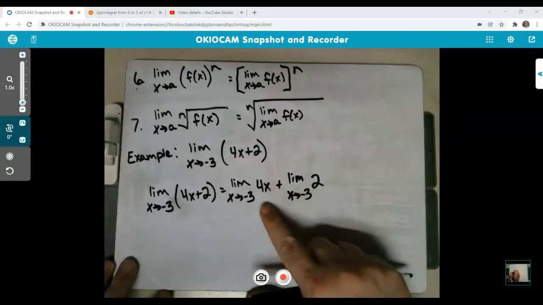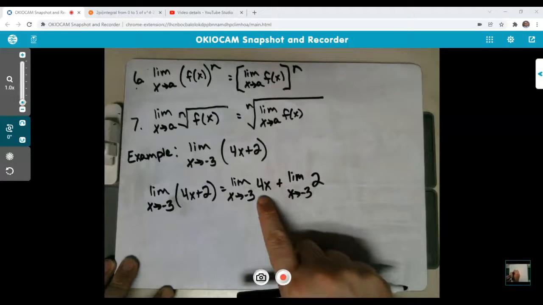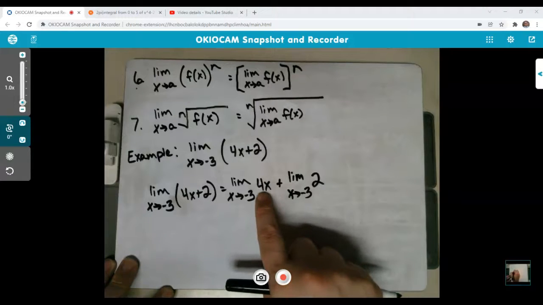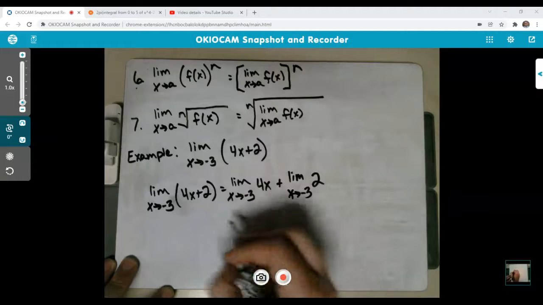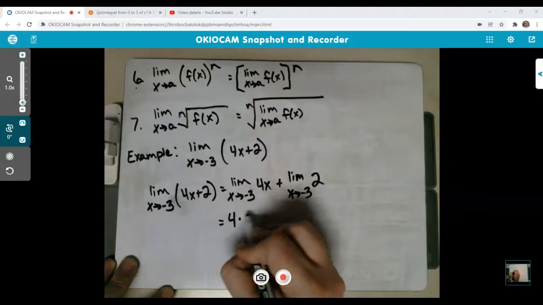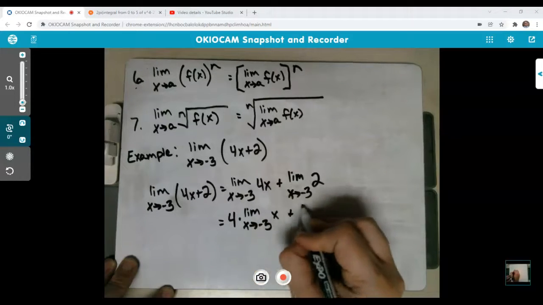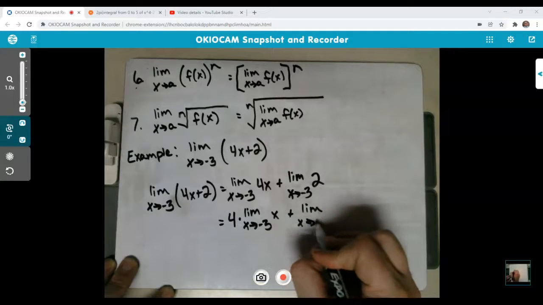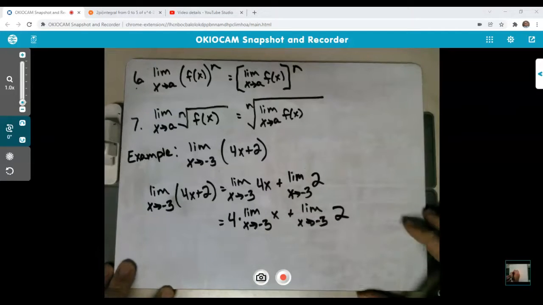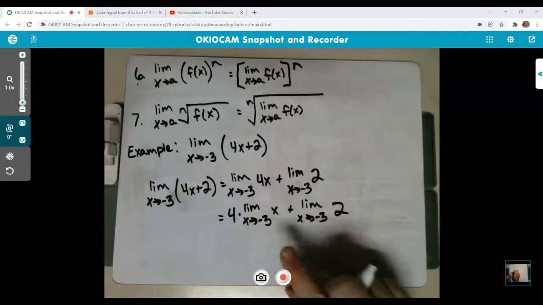Well, now I can see right inside of here I have 4 times an x, right? So since I have a constant right here, like we said, I could bring my constant out to the front. So that's like saying 4 times the limit as x approaches negative 3 of x plus the limit as x approaches negative 3 of 2. Now let's think about why I might want to do this, right?